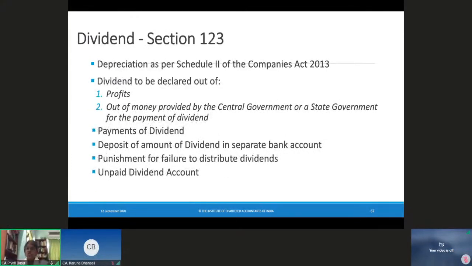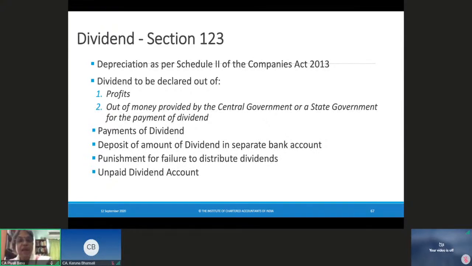So let's go into a little bit about depreciation and the dividend part, which could be important for your final exam this time.